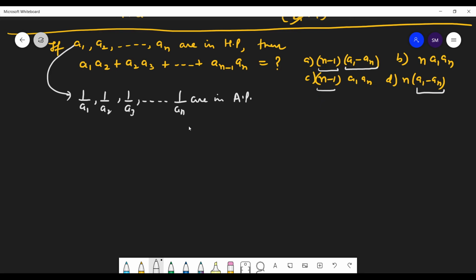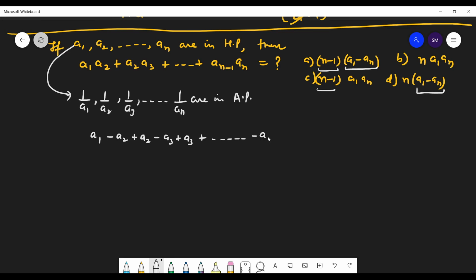We get these type of terms when we write it like a1 plus a2, so you can say a1, plus a2 minus a2, or minus a2 plus a2, then minus a3 plus a3, isn't it? Something like that, and so on.